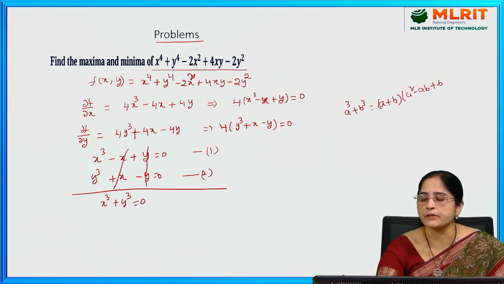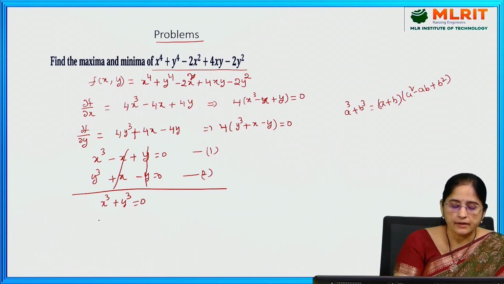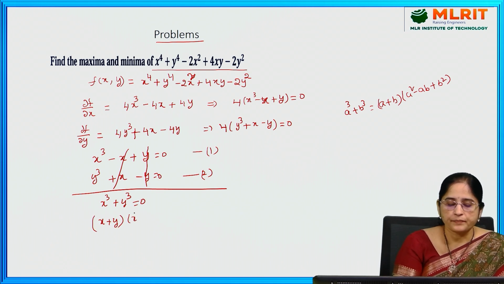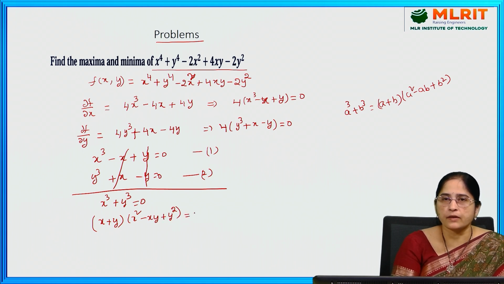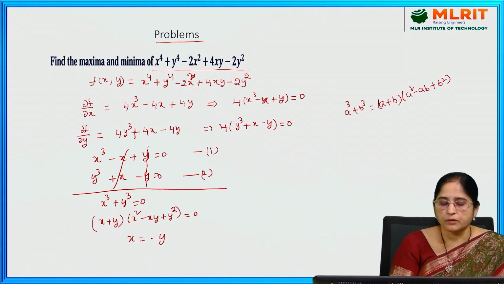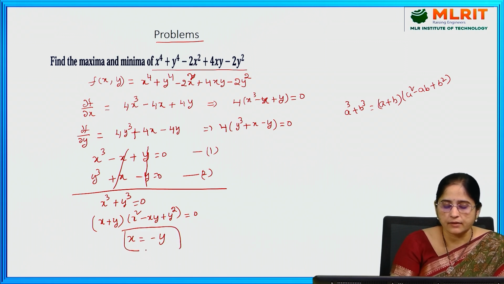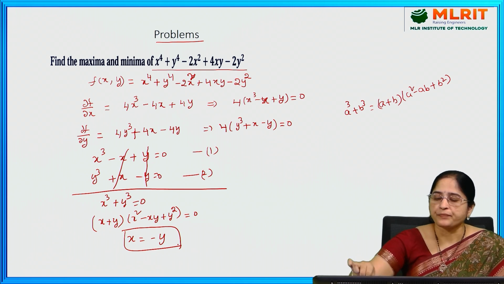We have to use this formula. So we are getting x plus y into x square minus xy plus y square equal to 0. One of the roots is x equal to minus y, or y equal to minus x. So this is the relation of x and y.